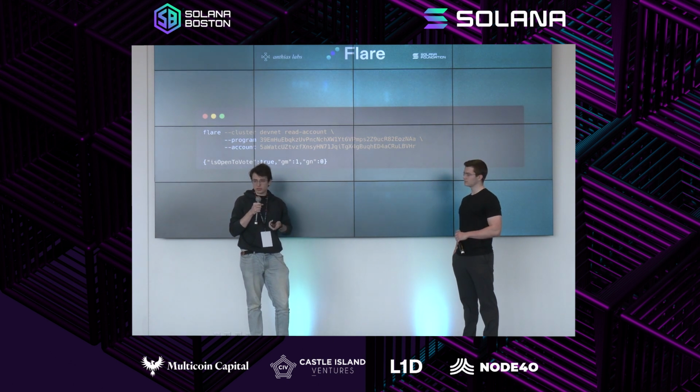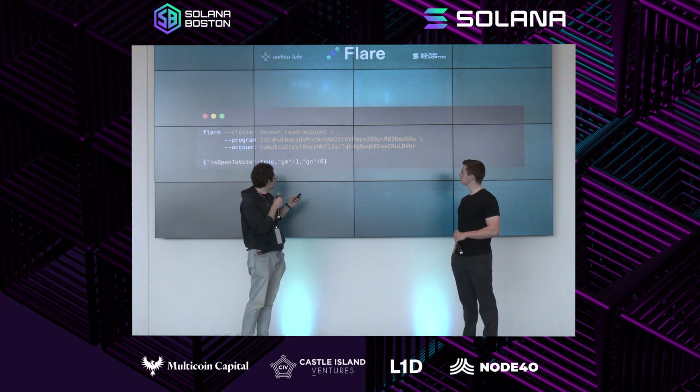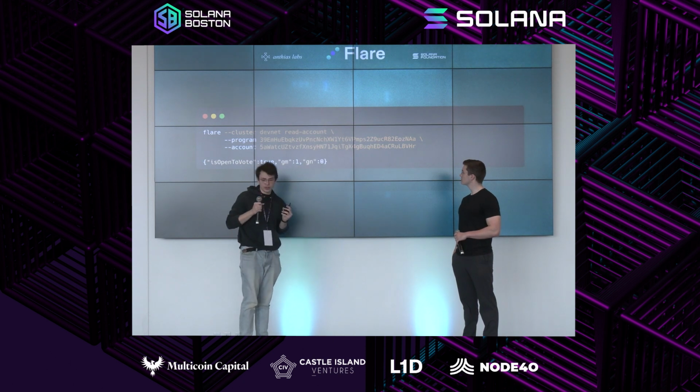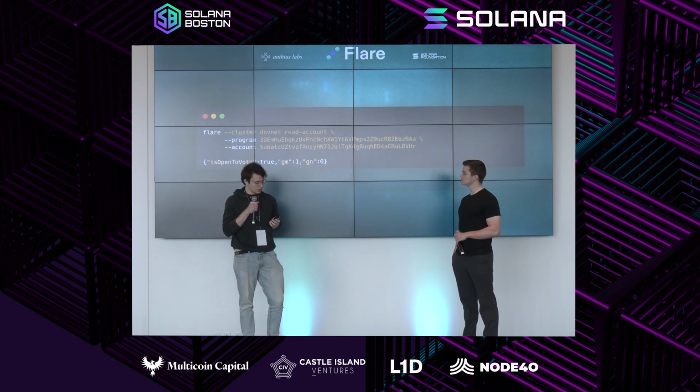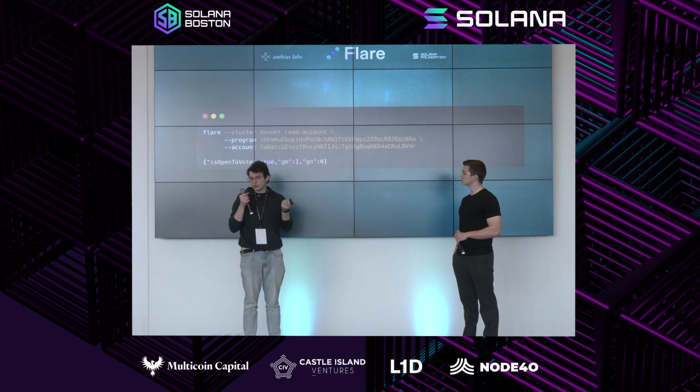With Flare, it's not necessary. It can automatically infer the data type from the discriminator in the account. Essentially, all the accounts with data have a small number that specifies what it is. That simplifies the command a lot. Again, you can pass it the IDL if you have it downloaded, but it's not necessary. It will just return JSON with the actual state of the account.